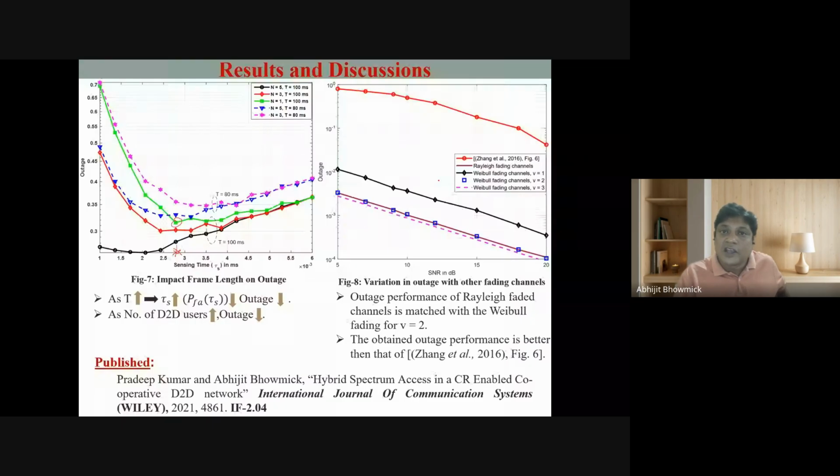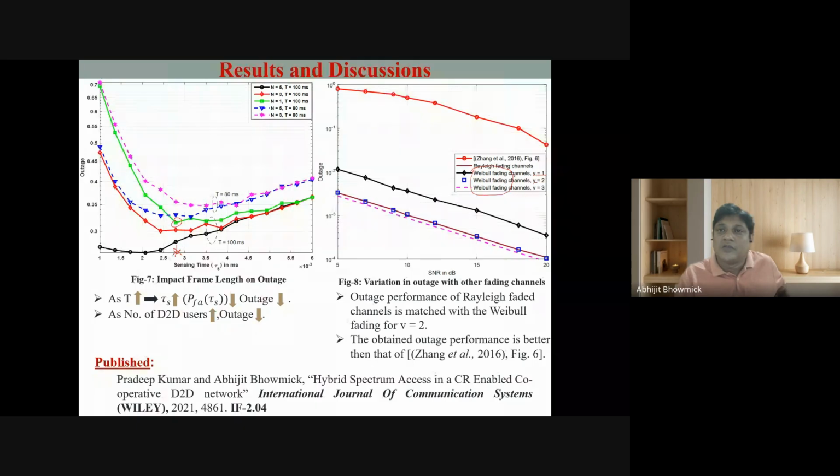If you look at the second figure, as the SNR increases, we find that outage is decreasing, which is normal. Here, another thing is that Nakagami fading channel is used, where the fading parameter is V. If the value of the fading parameter increases, that means the channel condition becomes good, which is reflected here.